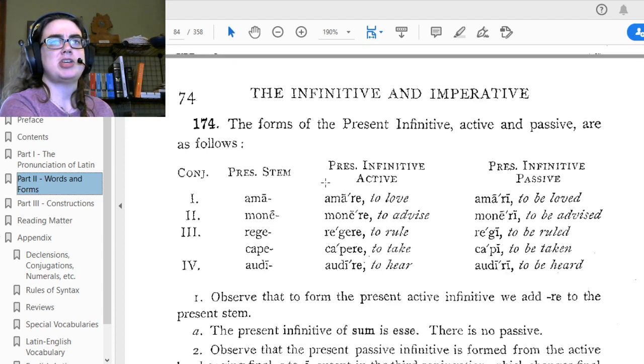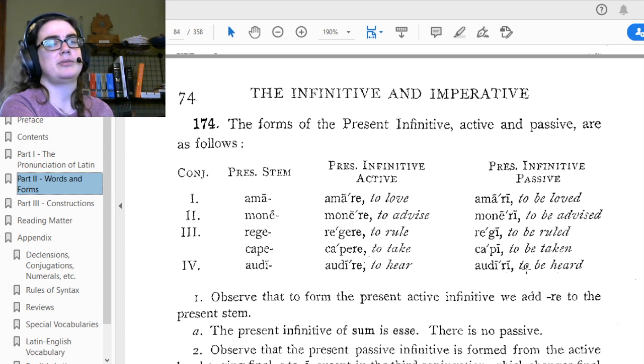So essentially what you do is you take your present active infinitive, which is the second principal part, and you remove the last 2 letters, and then put on, well, technically the ARE, ERE, that's the infinitive marker. So for the present passive infinitive, you change the ARE to an ARI, and then an ERE to an ERI, and for the fourth, an IRE to an IRI.